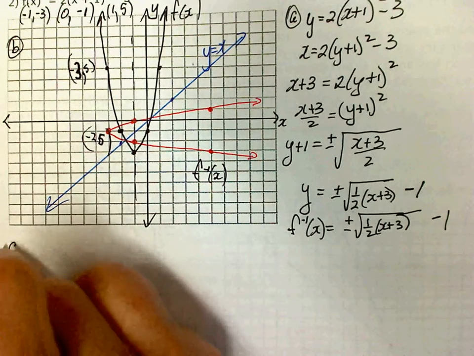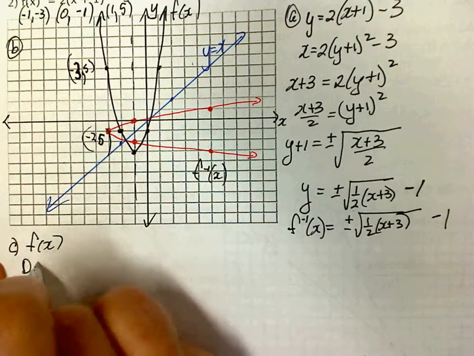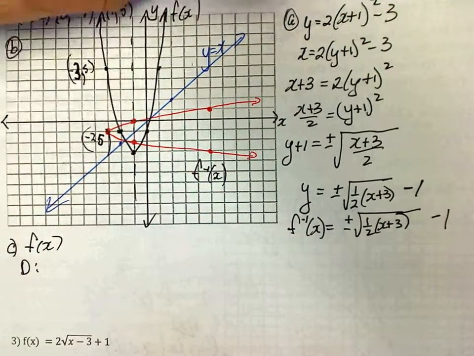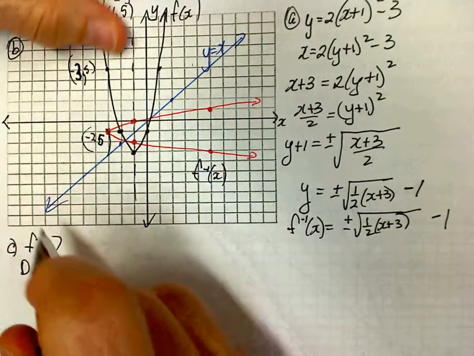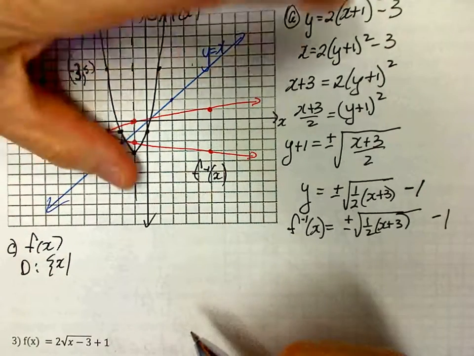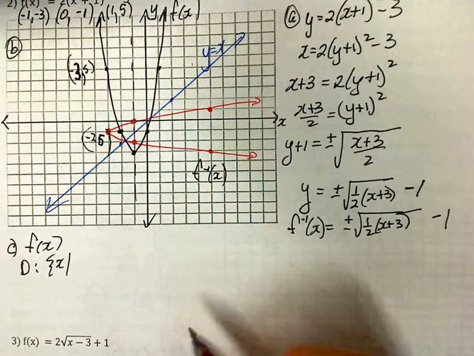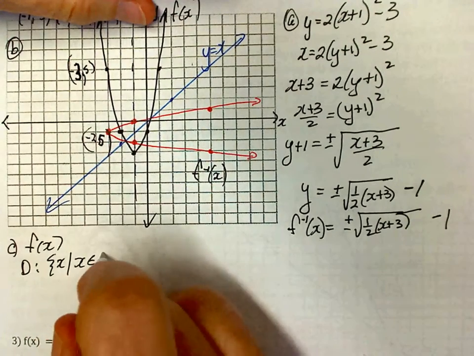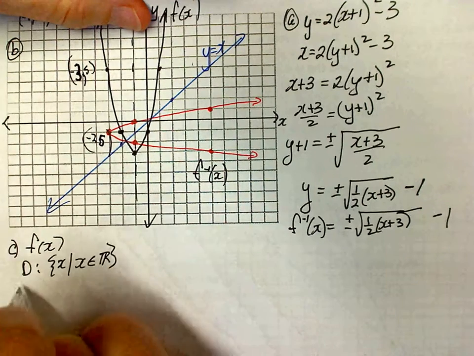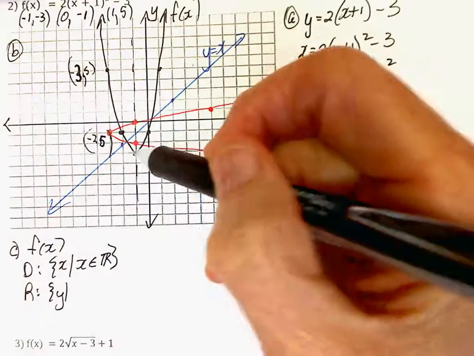So for f of x, it's easy to find the domain when you have a graph, right? On a parabola or a quadratic function, you know that domain is any element in the set of real numbers, and y such that y is greater than or equal to -3.